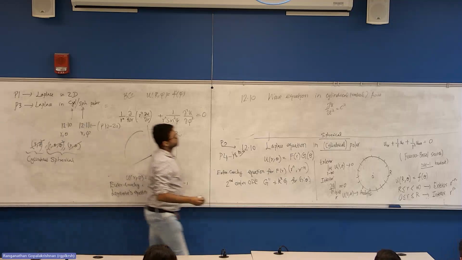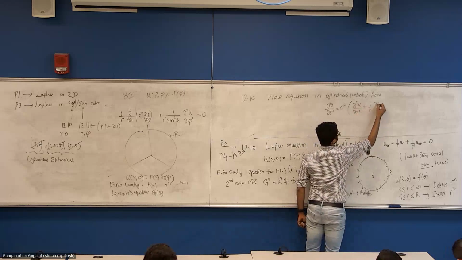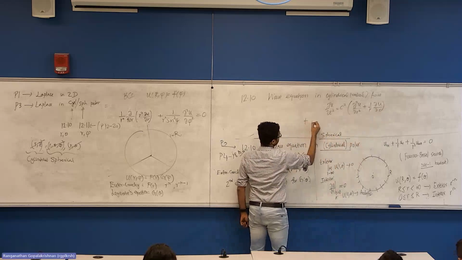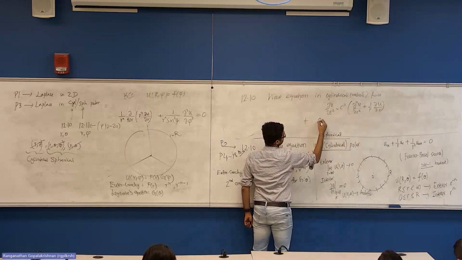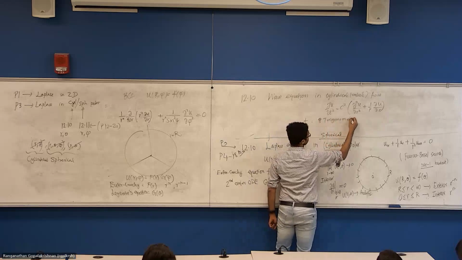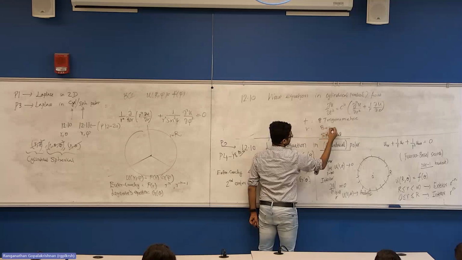We did this derivation. So what you're going to get is trigonometric functions for the time domain, and for the radial direction, you'll get Bessel's function.